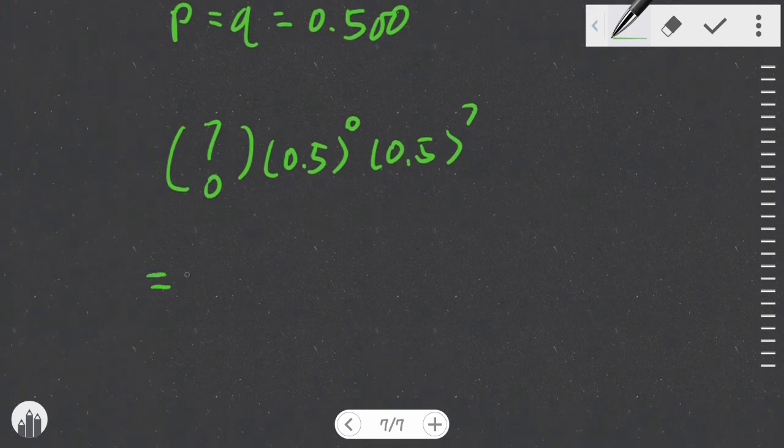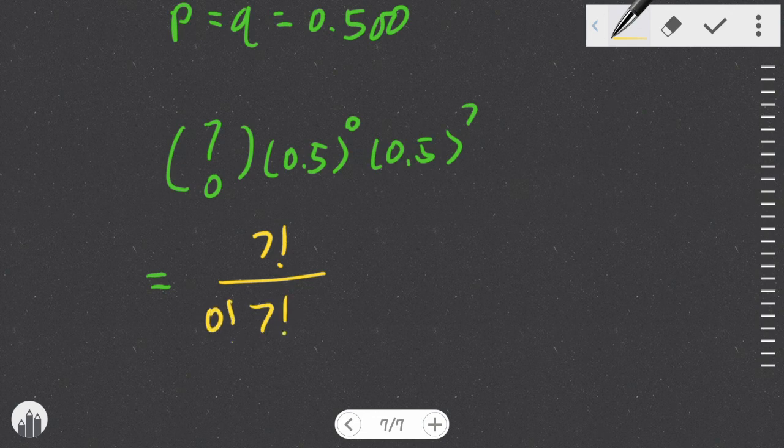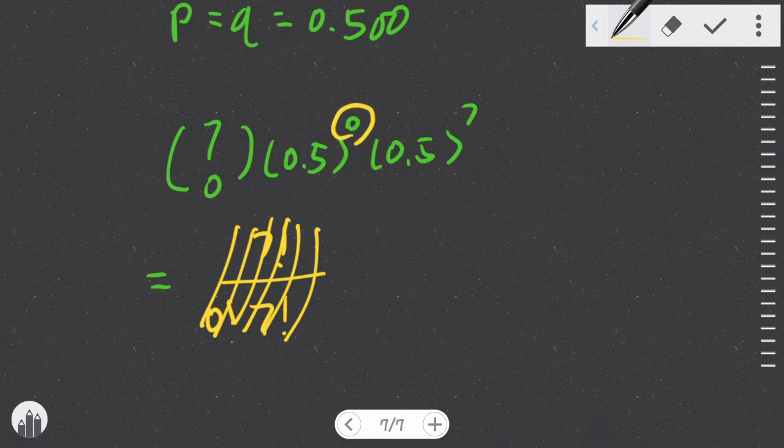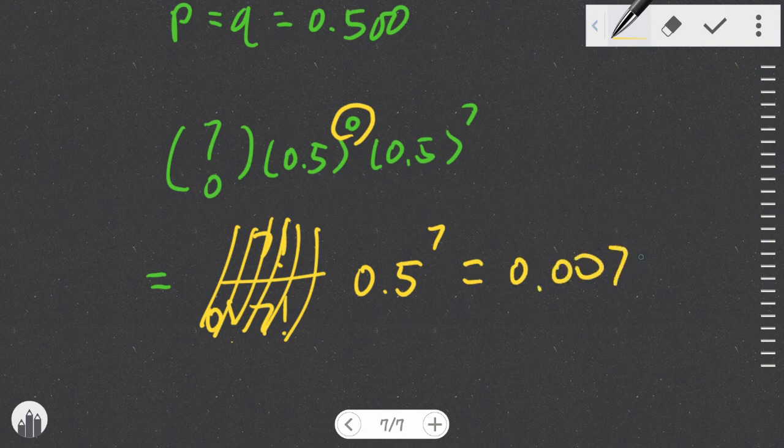This is going to be, let me change the color here, 7 factorial over 7 factorial. 0 factorial is obviously 1, as we've seen before. So we won't need to calculate this part. Anything to the power of 0 is always 1, which means this calculation will be simplified into 0.5 to the power of 7, which is 0.0078125. That's a really small number.